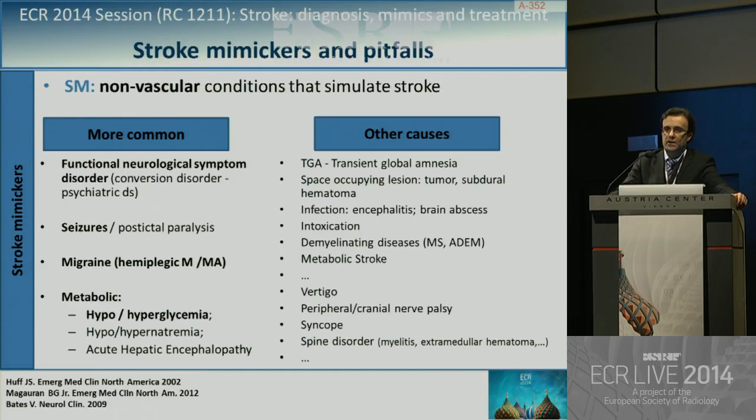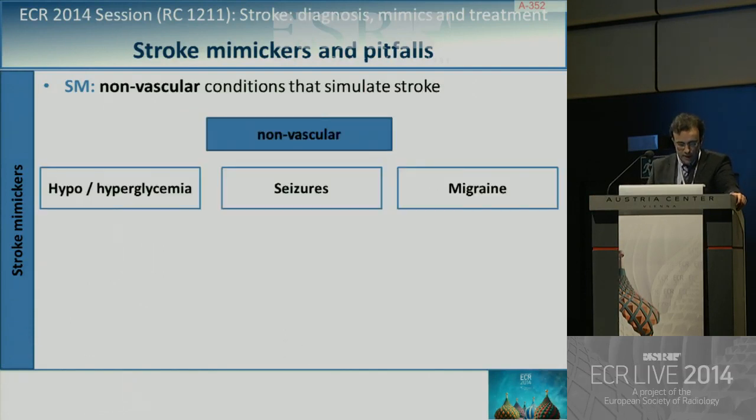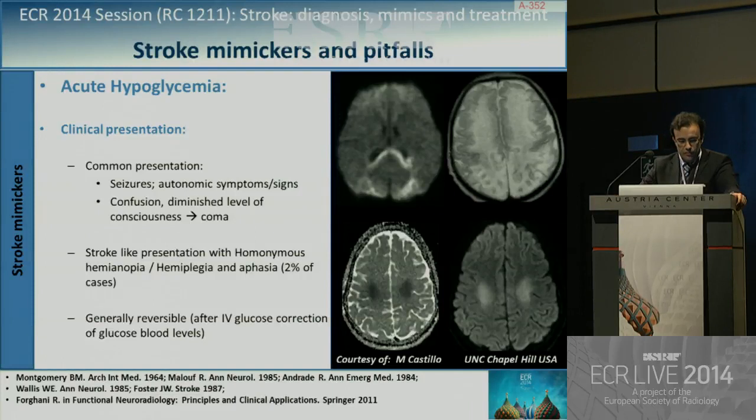Yet there is a tremendous number of other causes. We are not going to be able to cover all of them, just pick one or two that from the imaging point of view may help you when you are reading the studies. So let's start with the three most common ones.